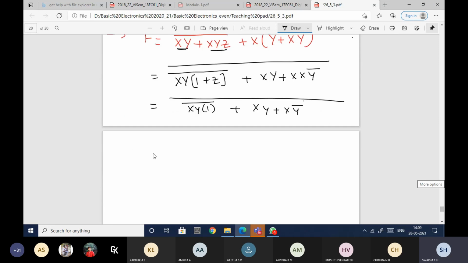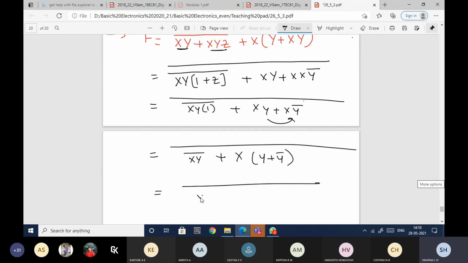So this will be equal to whole complement, I'll keep it as it is. It will be just xy bar plus, in these two terms I can take x common. If I take x common, I'll be left out with y plus y bar. So this will be equal to xy whole complement, which can be expanded now, xy whole bar.